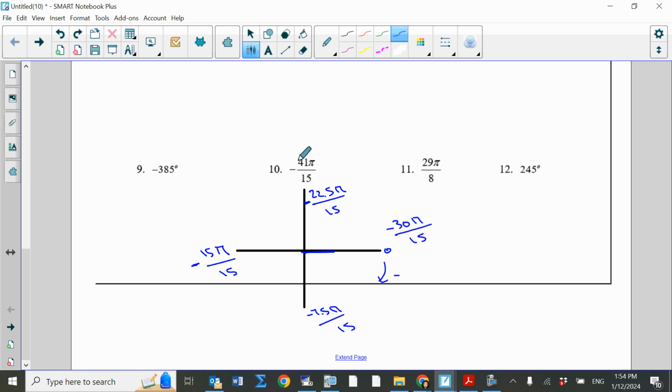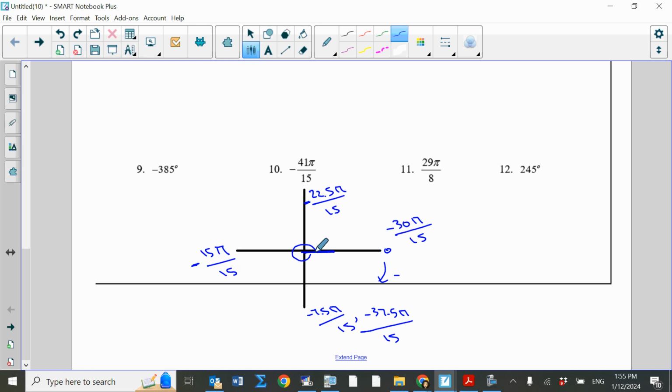So we have not reached negative 41 yet. We have to continue moving on this circle until we find this angle. Now I'm going to continue moving and add another negative 7.5 to this value, which is negative 37.5 pi over 15. So it's not 41 yet.